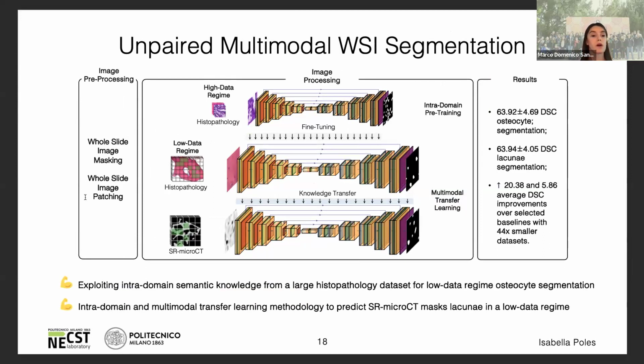With this strategy, we employ a multimodal transfer learning methodology to predict synchrotron radiation micro-CT masks of lacunae in a low data regime, and we were able to reach up to 63 dice similarity coefficient in osteocyte lacunae segmentation, while improving the state of the art with 44 times smaller datasets.